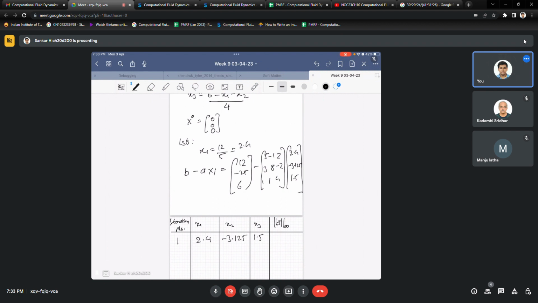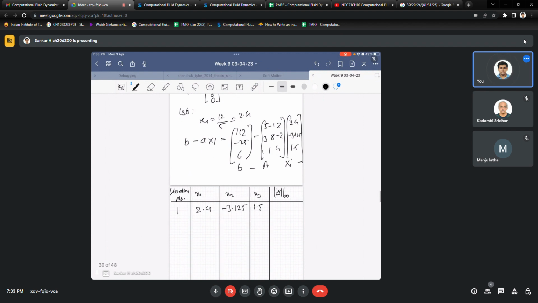So this is b minus A times xi, where xi is the first iteration, and we find the maximum value here to be the infinite norm as the condition for, let's say, convergence. For this question we can assume that it's converged if the infinite norm is, let's say, less than 3.